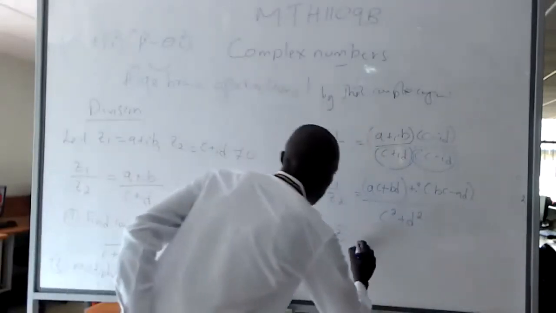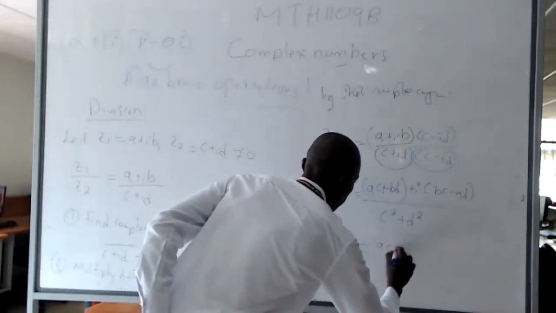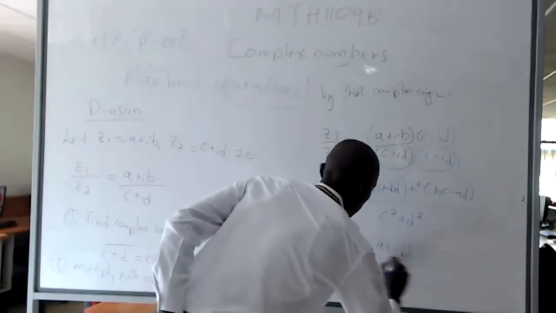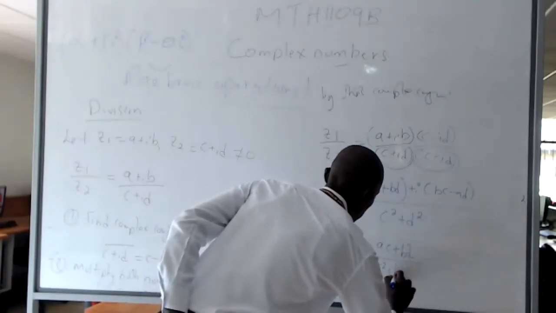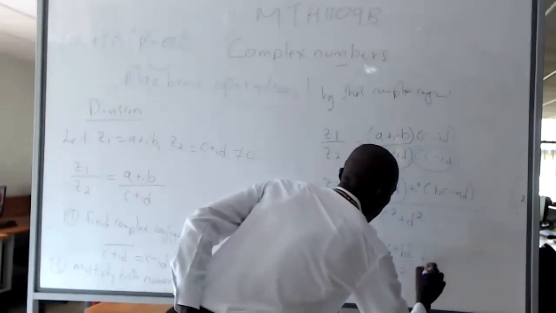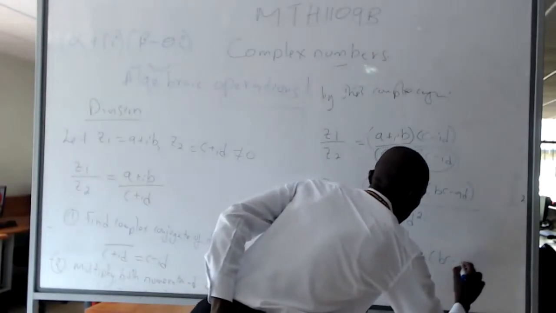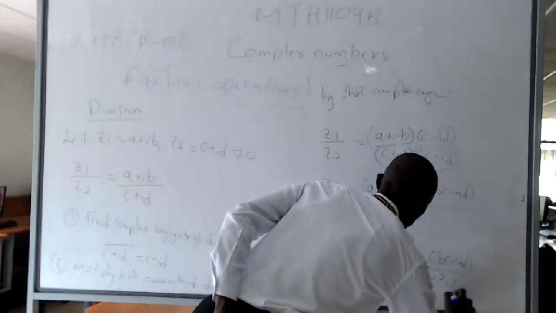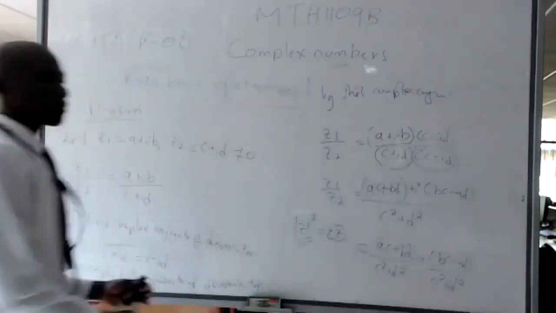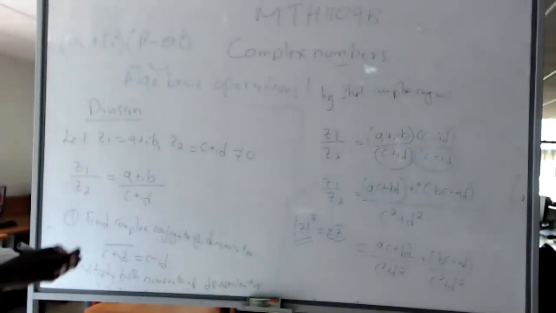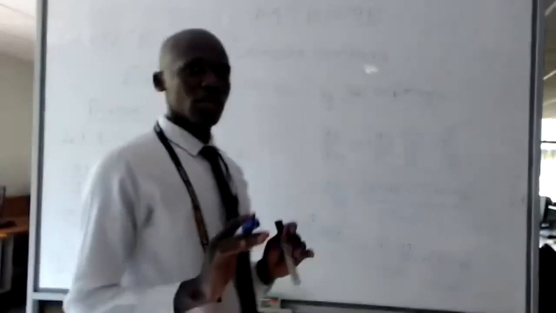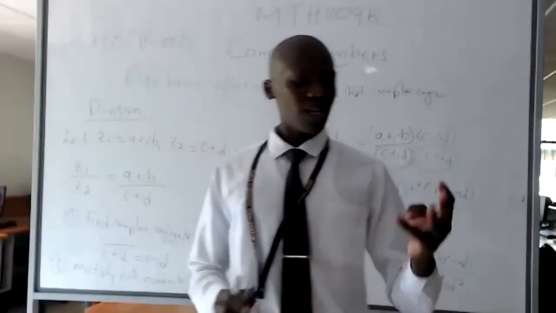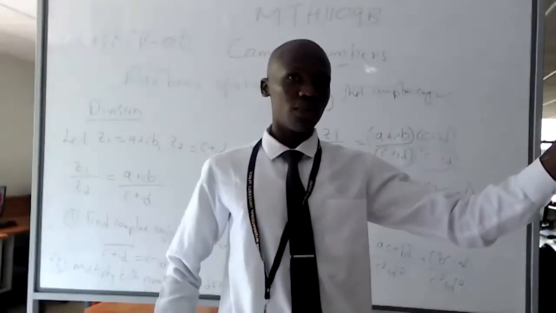And finally, you can separate this, so you have AC plus BD divided by C squared plus D squared, plus BC minus AD divided by C squared plus D squared. So for you to divide two complex numbers, you must know, number one, how to multiply two complex numbers.